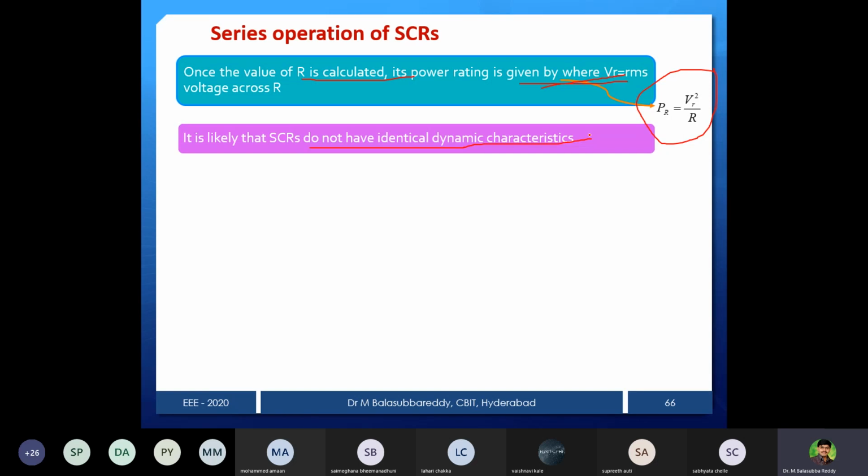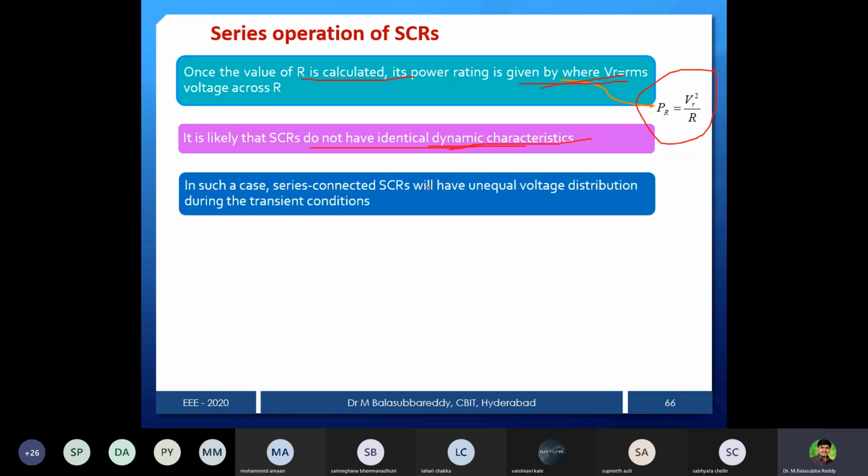And the second one: under dynamic conditions, what we can notice is that the SCRs do not have identical dynamic characteristics. So in that case, series connected SCRs will have unequal voltage distribution during the transient condition. What is the transient condition here?